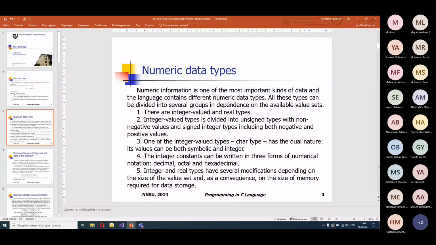The data types in the C language can be divided into several groups according to the value sets of these numbers.